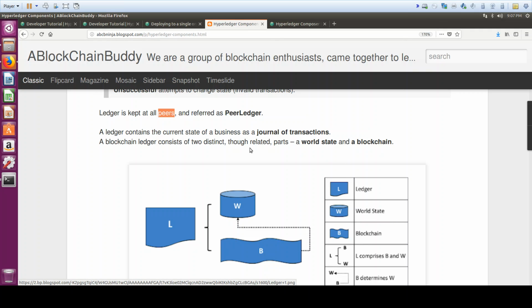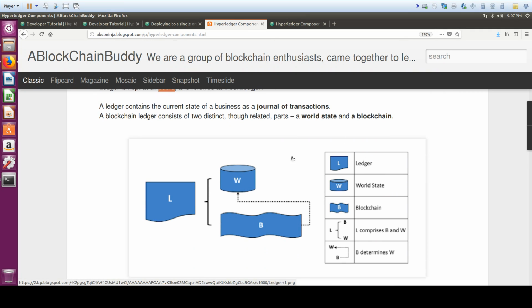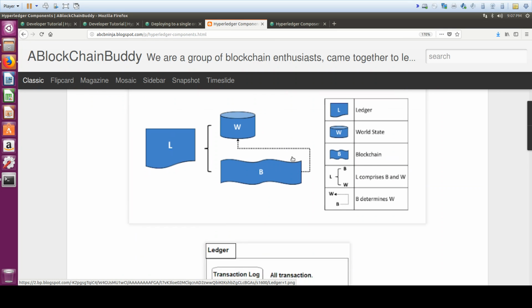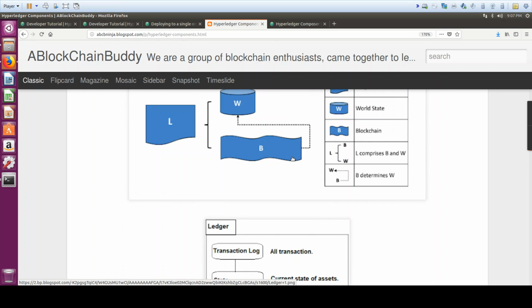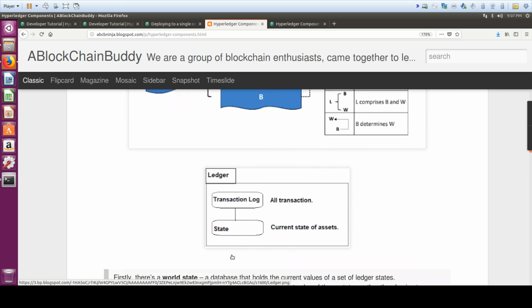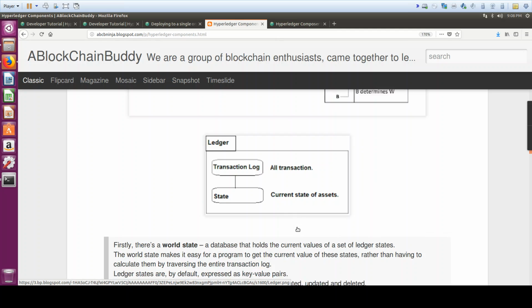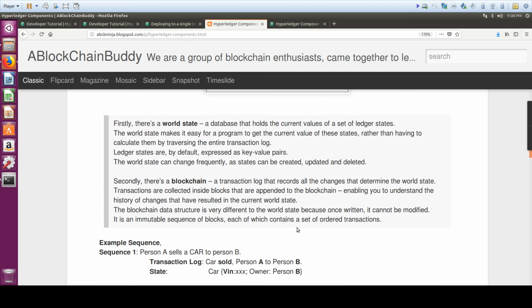We can refer to the blockchain as the transaction log. The transaction log captures all the transactions, and the world state captures the current state of assets. We will dig a little deeper into these two sections.